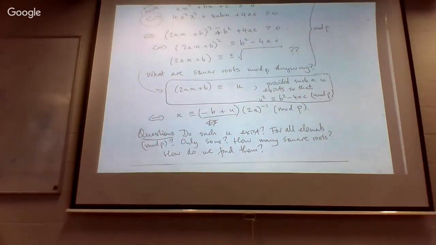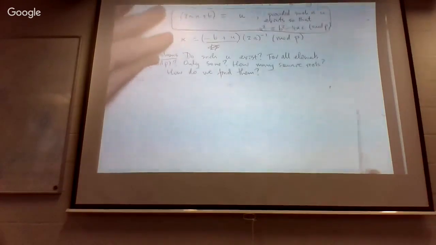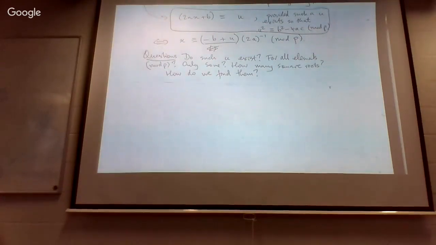So in the absence of knowing anything theoretical about this yet, what we should do is just look at some initial simple examples.